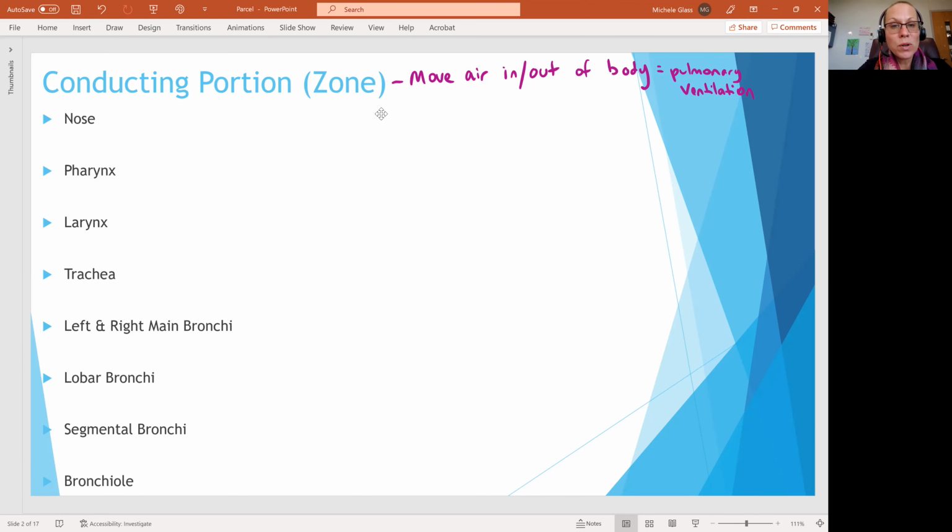Now, we said one of the important jobs of the respiratory system is to protect these sensitive surfaces. And so we have what we are going to call a respiratory epithelium, which is lining the majority of our conducting zone.